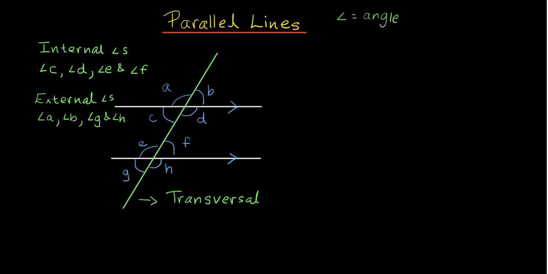We're going to first look at corresponding angles. Now I'm going to give you three conditions that need to be met in order for a pair of angles to be corresponding angles. The first condition is that both angles are on the same side of the transversal.